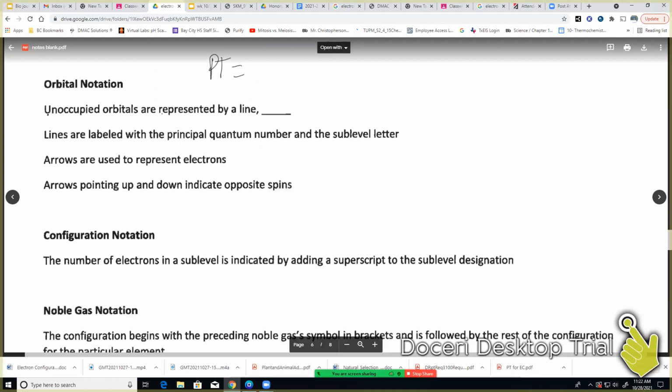The periodic table, the one that you've colored, helps with the order of electron filling, as they fill from lowest to highest energy.